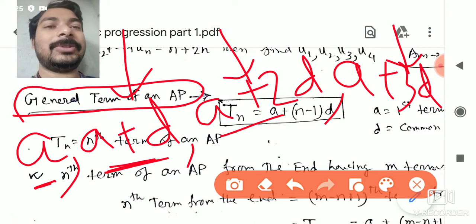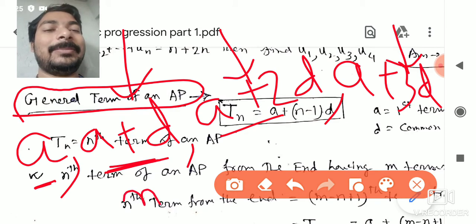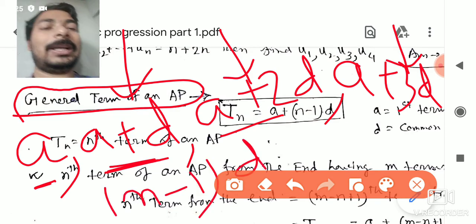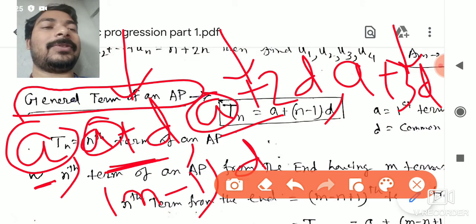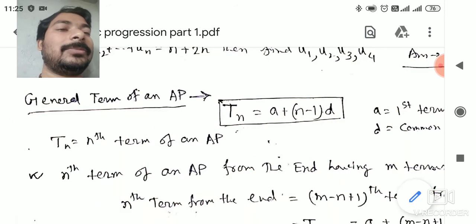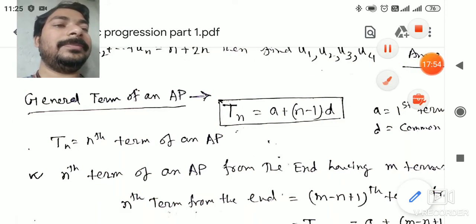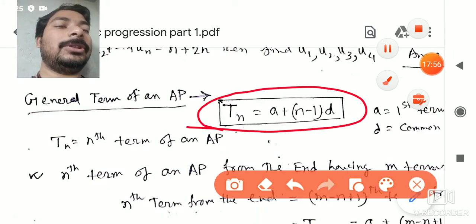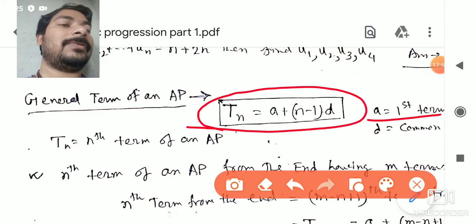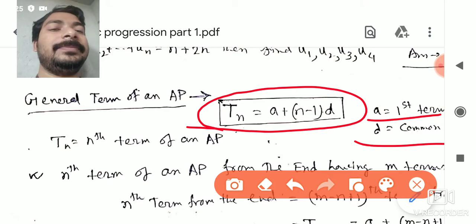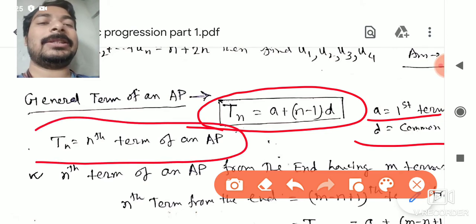So in the nth term you get one less, that is n minus 1 into d, and a is obviously at first. So the general term, that is the nth term, will be a plus n minus 1 into d. This is the formula, where a is the first term and d is the common difference. tn is known as the nth term of AP.